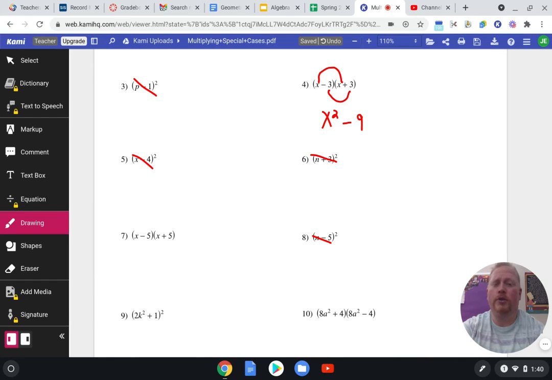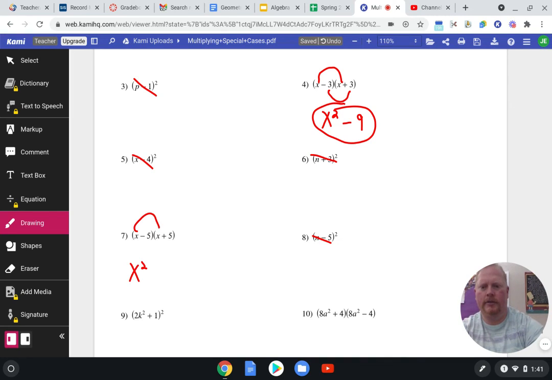And my answer should be two things that are perfect squares with the minus sign in the middle. So x squared is a perfect square, 9 is a perfect square, minus sign in the middle, boom, problem done. Let's try another one. x minus 5 times x plus 5, x times x, negative 5 times 5, boom, there's my answer.